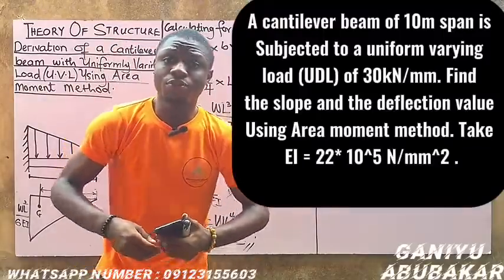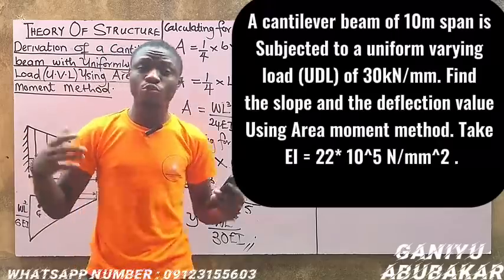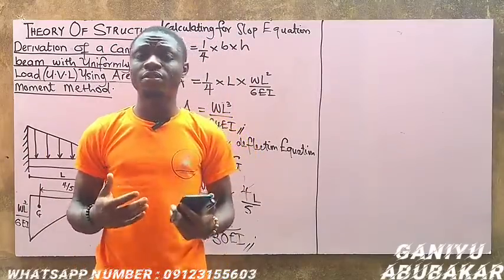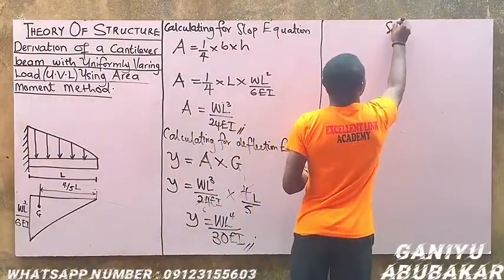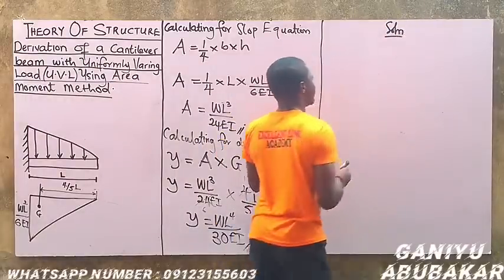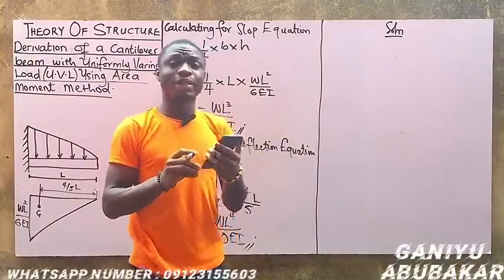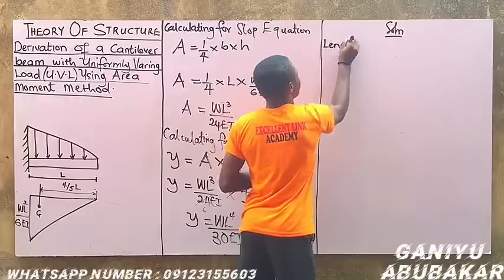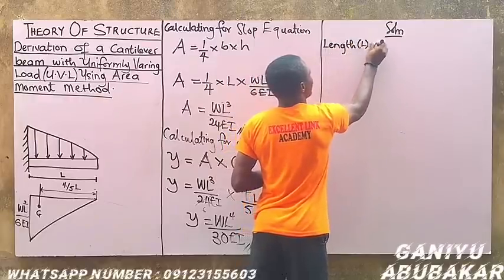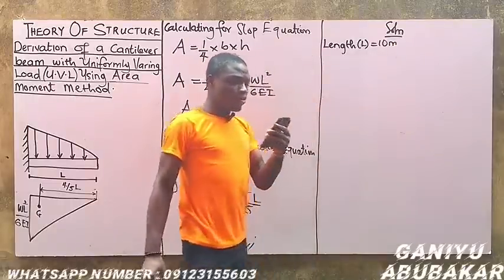All right, let's get this done. First task, whenever you do that question, is to what? Write out your given parameters. So what are you given? Solution. I'm told that a cantilever beam of span 10 meter. Span is the length. So I'm given length, that's L, of 10 meter, right?